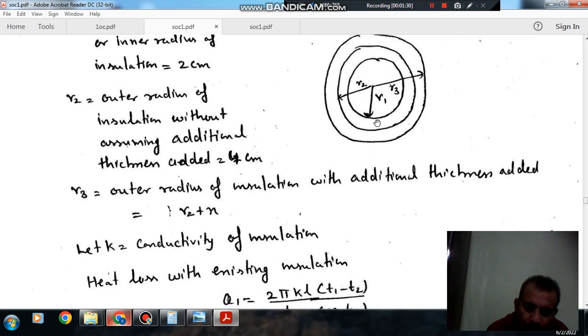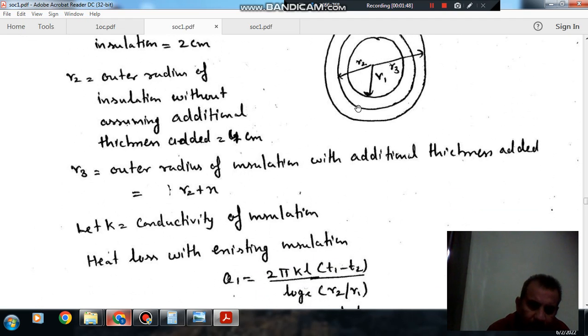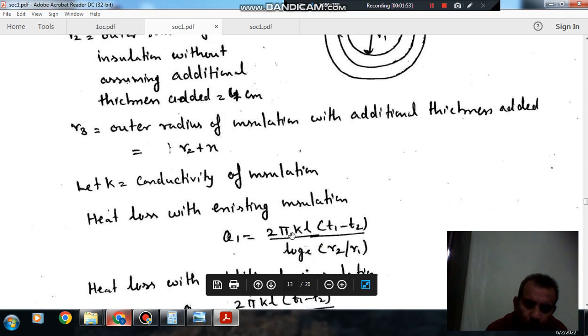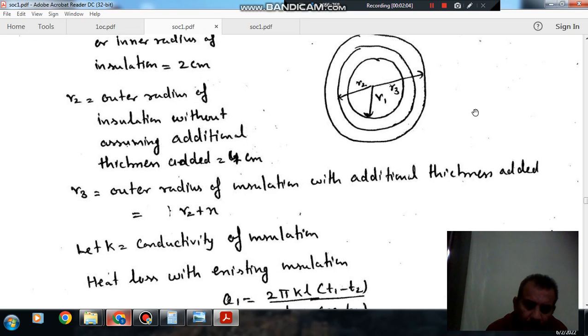Now from R1 to R3 there is insulation of conductivity K, and from R1 to R2 the conductivity is also K, the same insulation. If we take the first case, R1 and R2, then the heat loss by the existing insulation is 2 pi K L (T1 minus T2), where T1 is the temperature at the outer wall of the pipe, and T2 is the atmospheric temperature.